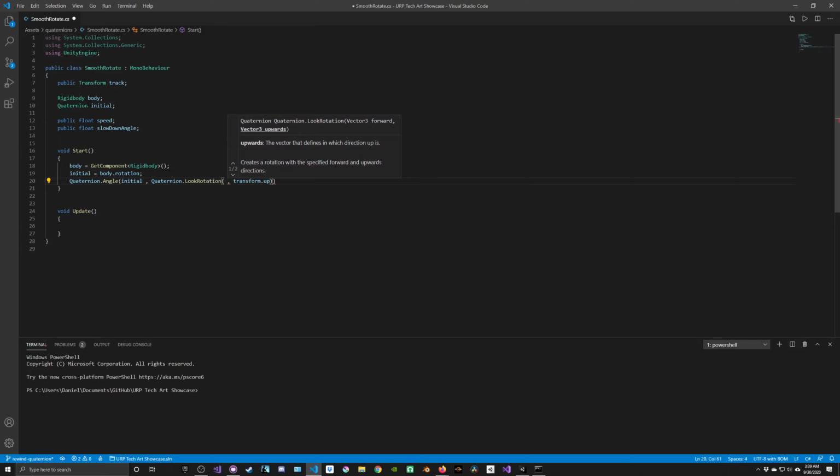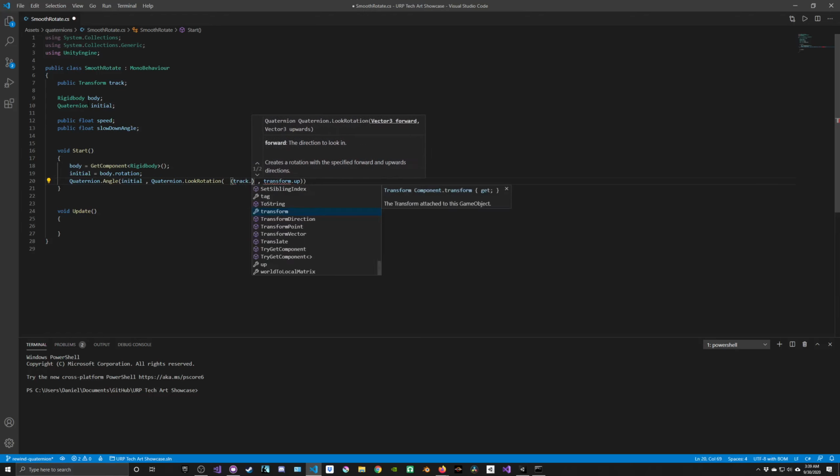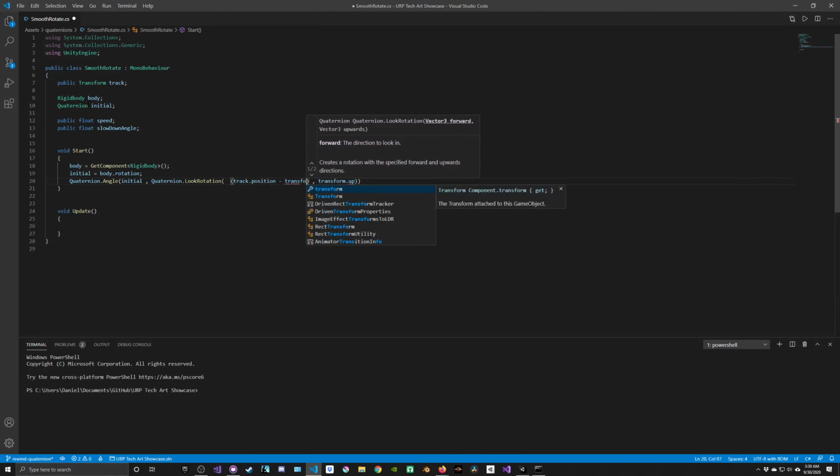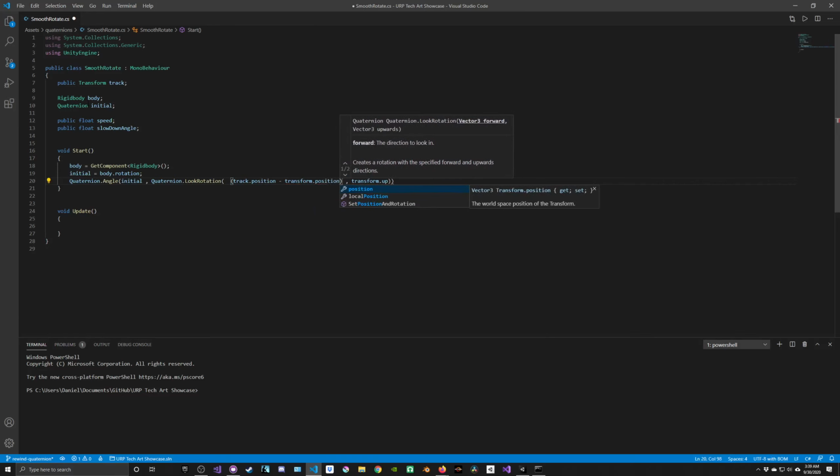Assuming that the thing we want to rotate to is not directly above us. We could be more careful about that. For now, let's see if that gives us bugs later, but we'll try it like this for now. And our forward will just be its position minus our position. Track.position minus transform.position.